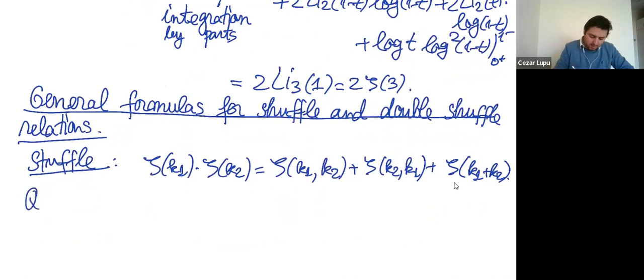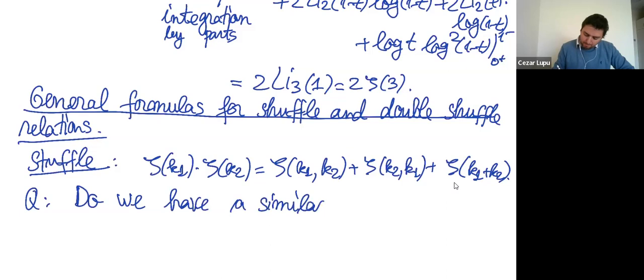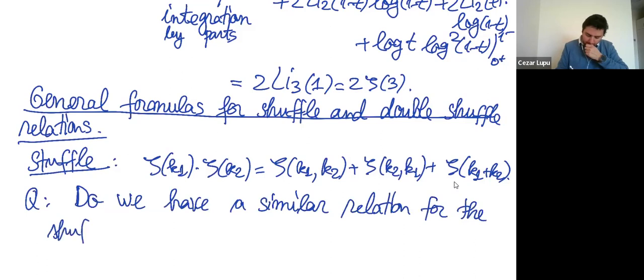the question is, do we have a similar relation for the shuffle product?